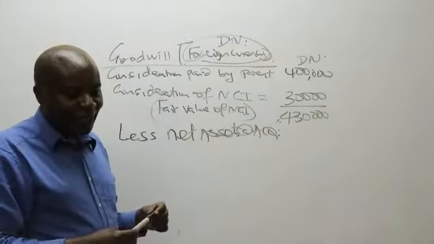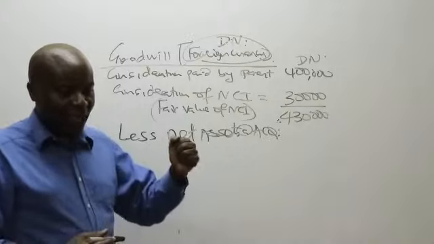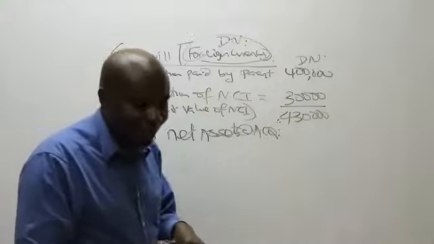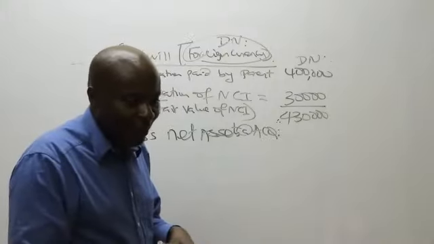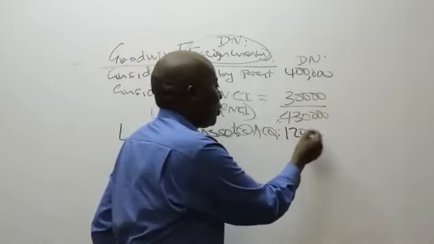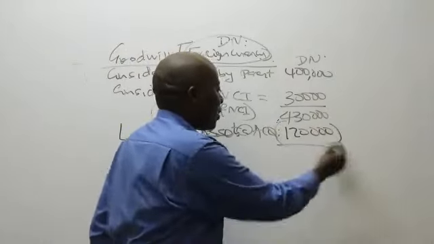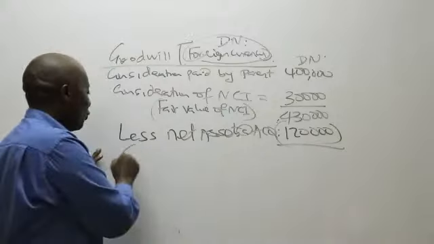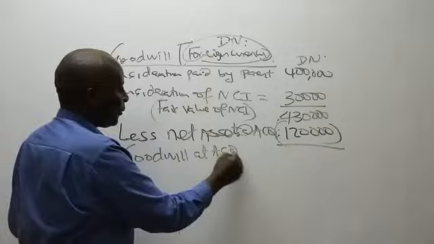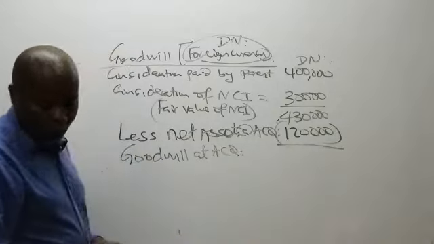In DN, how much? 120,000. So could you kindly subtract here for you to be able to give me what we call goodwill at acquisition.